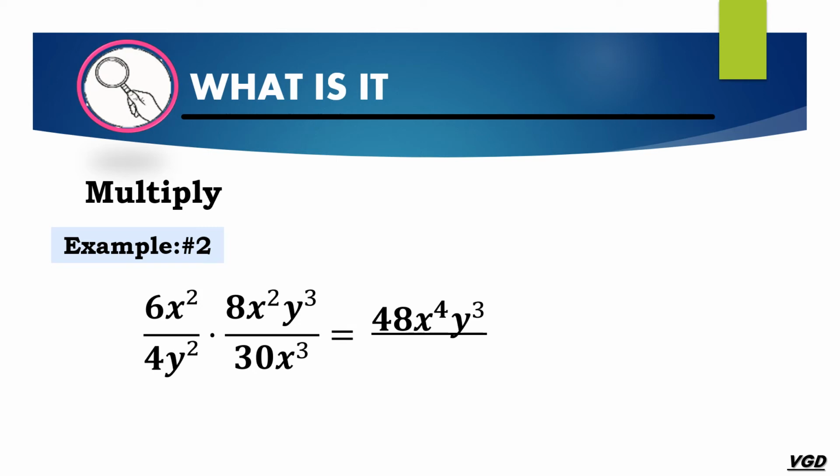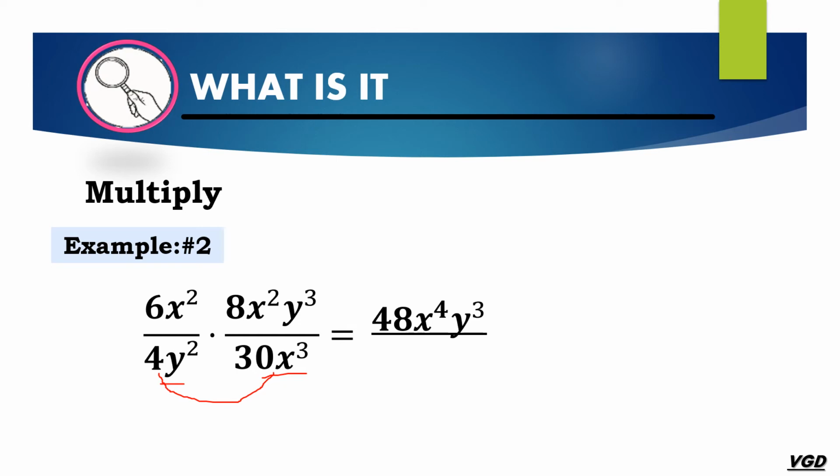Now, let's proceed to the denominator. So let's multiply the denominators of the two expressions. So we have 4y squared times 30x cubed. Since there is no same variable, we just have to copy these variables here and multiply.